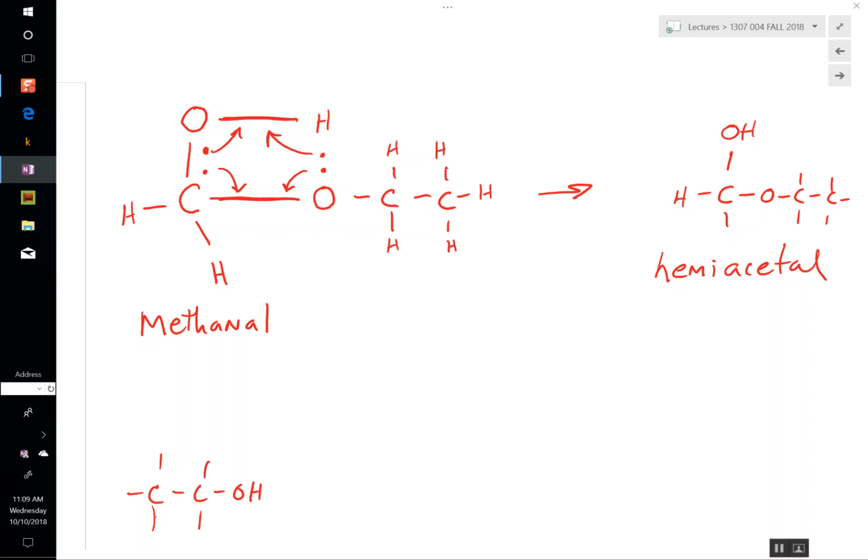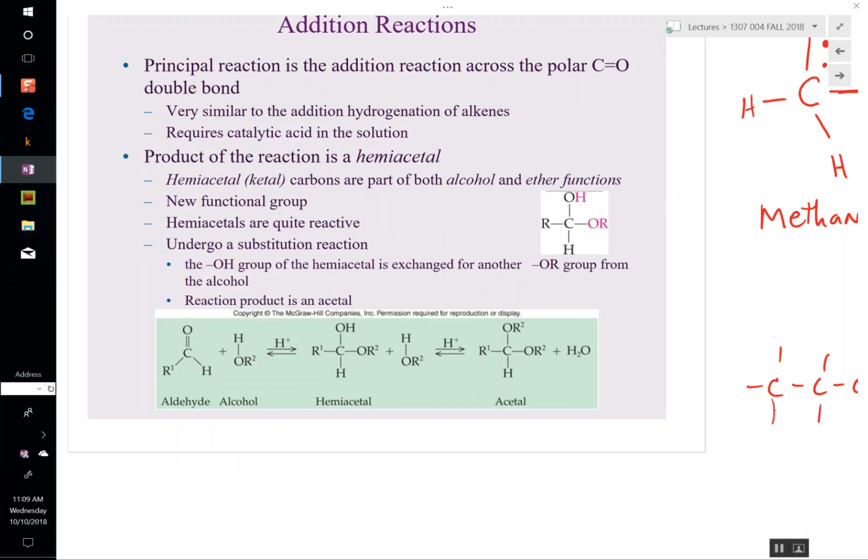If we go back over here, you can see that we have a carbon-oxygen double bond. We have an alcohol here. What kind of alcohol? Any alcohol. And the O is going to go onto that carbon. The H is going to go onto that oxygen.